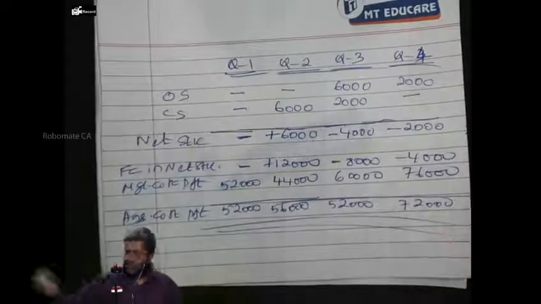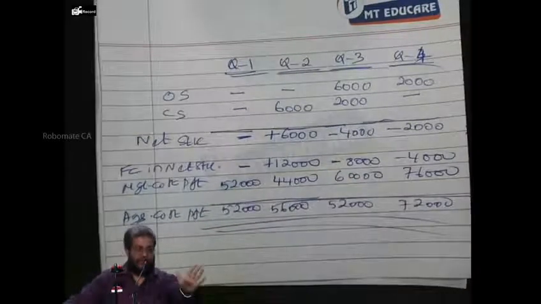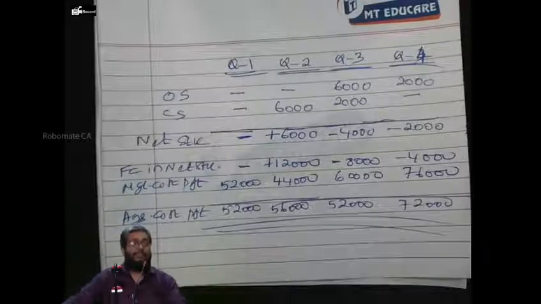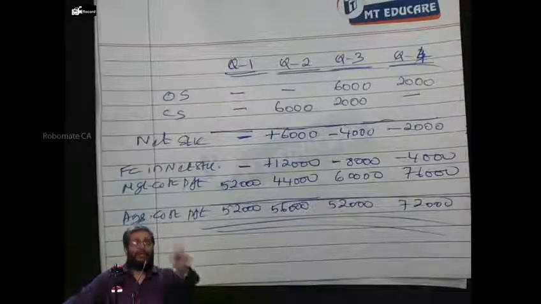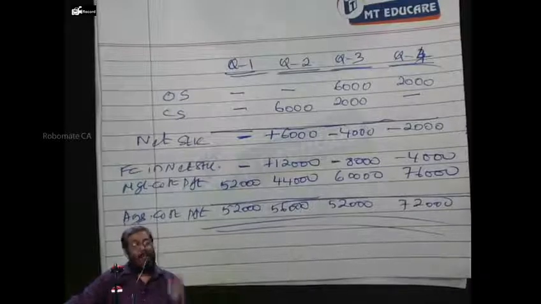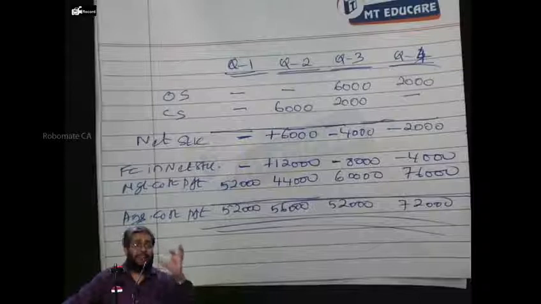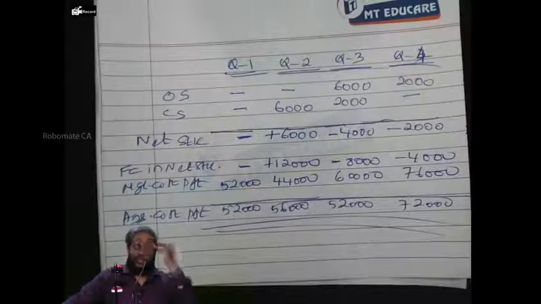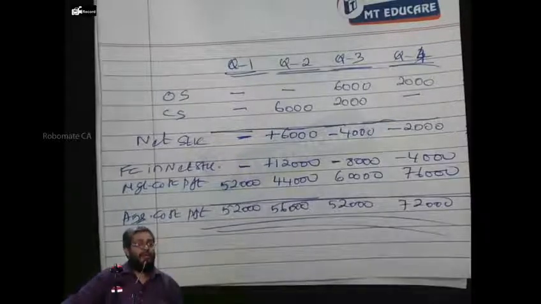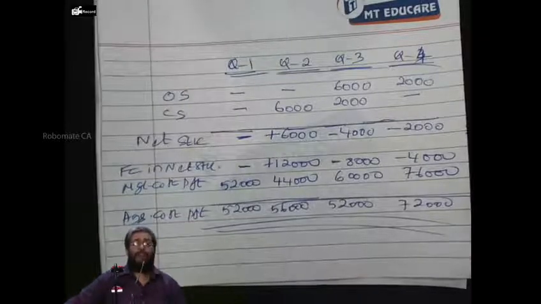Tell me, marginal costing and absorption costing profit is different because of under absorption or over absorption. True or false? It has been adjusted. It is different because of stocks. When I have a net closing stock, which is having more profit? Absorption.